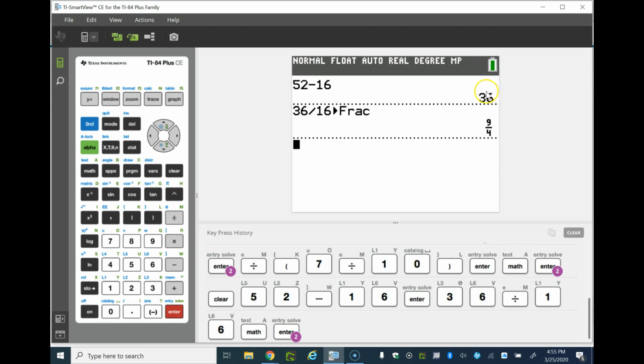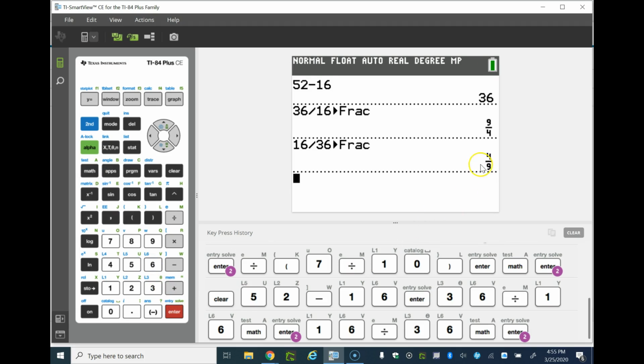So this is the one for odds against. Now we're talking about favor. Remember, it's just flipped. So we're going to have the favor, which is on top this time, 16 divided by 36, math, enter, and see this flip. So if you can get the odds against correct, the odds in favor is just flipped. Because remember, we're only talking about the success and the failure for each one of these problems.